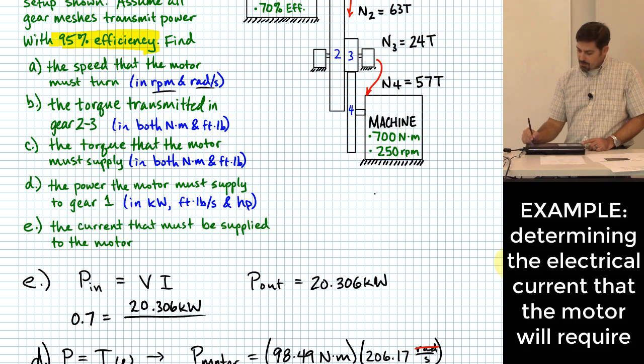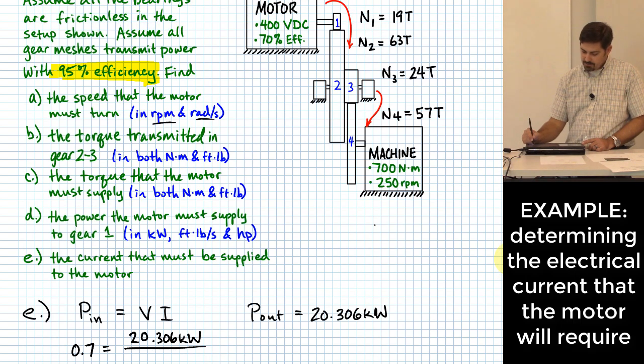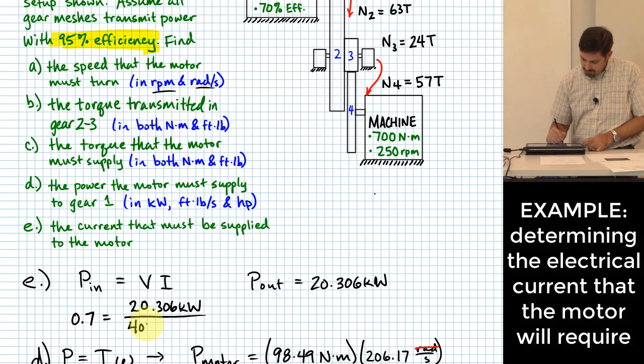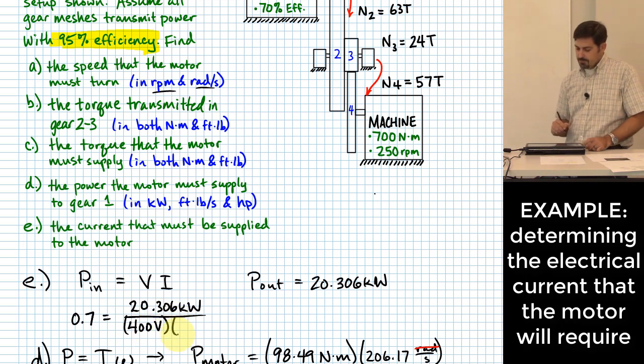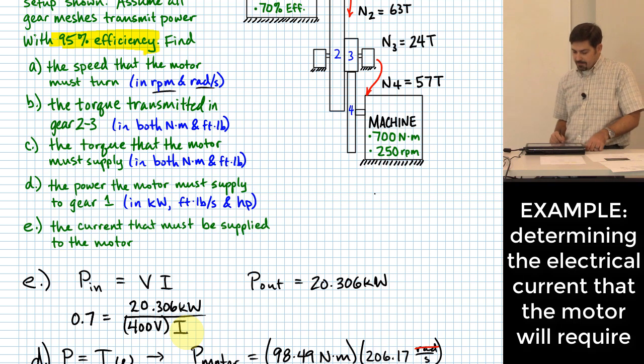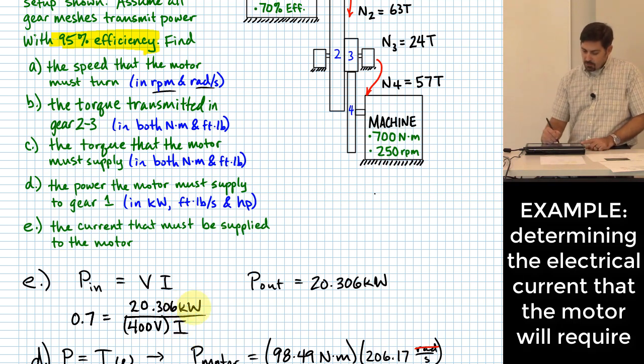What else do we know about the motor that might be helpful here? It has a 400 volt supply, so 400 volts times current. We can just leave that in as a variable if you want. Keep in mind that's a kilowatt, so you have to be careful with that.